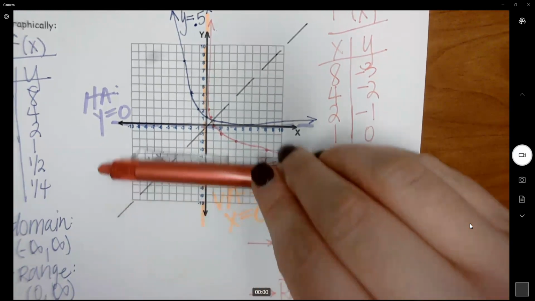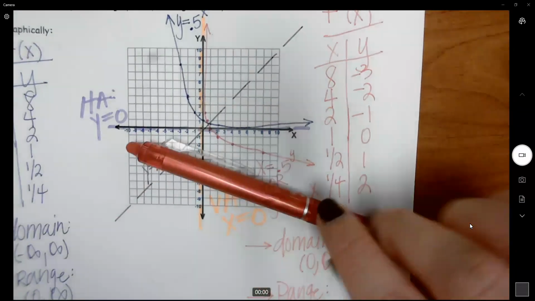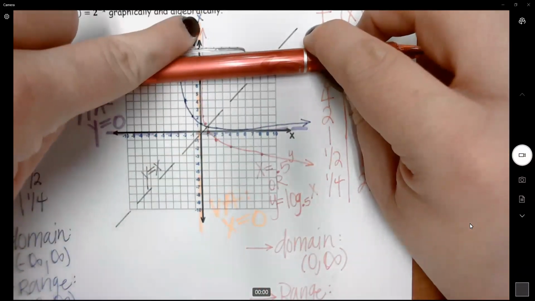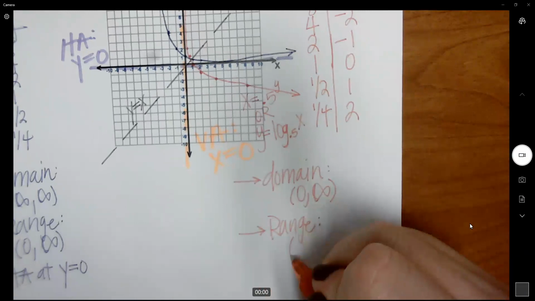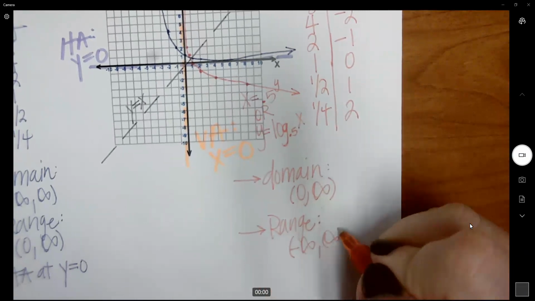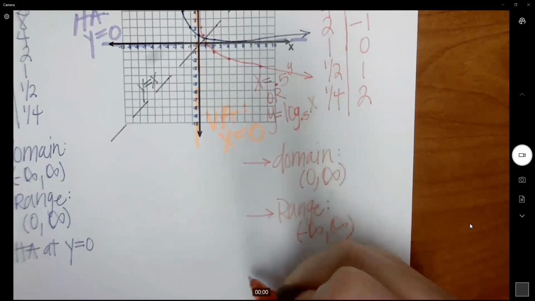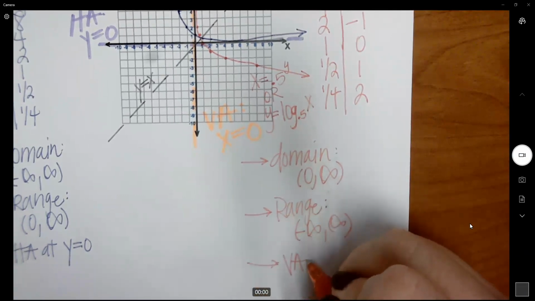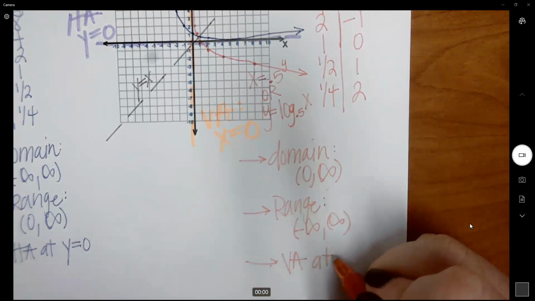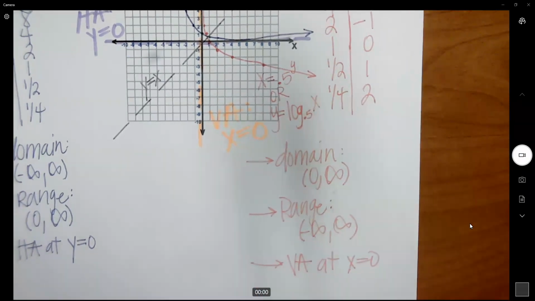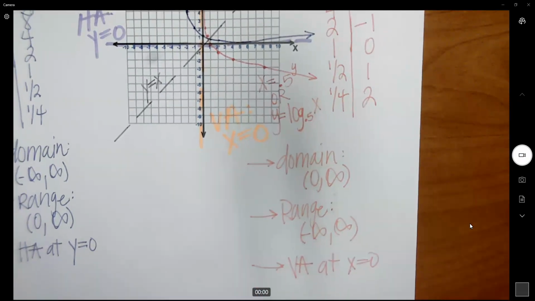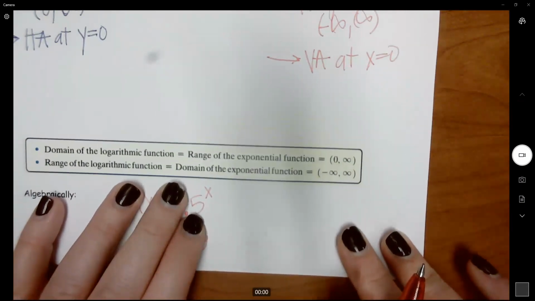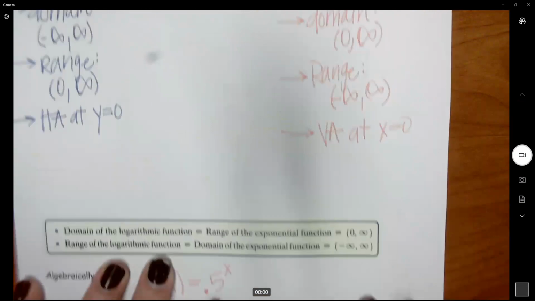And then my range goes from the bottom to the top. So we go arrow to arrow. So that's negative infinity to infinity. And then the last thing we're going to talk about is that it has a vertical asymptote at x equals 0.